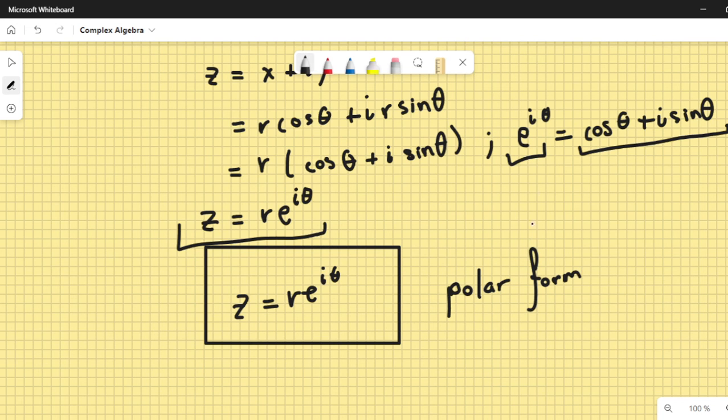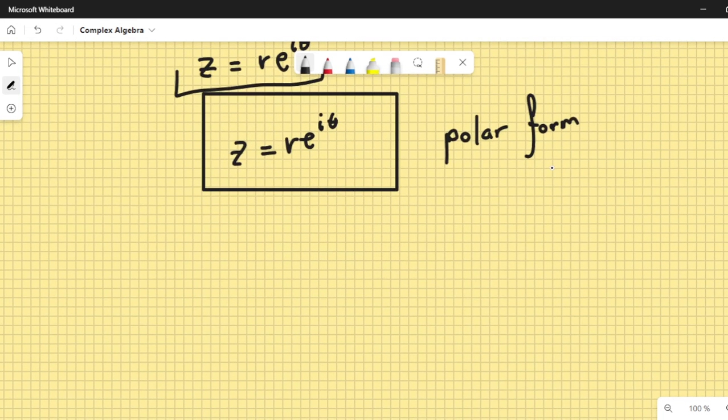A quick final example. If the number is, for example, 1 plus i, then the modulus will be the square root of x squared plus y squared, right?